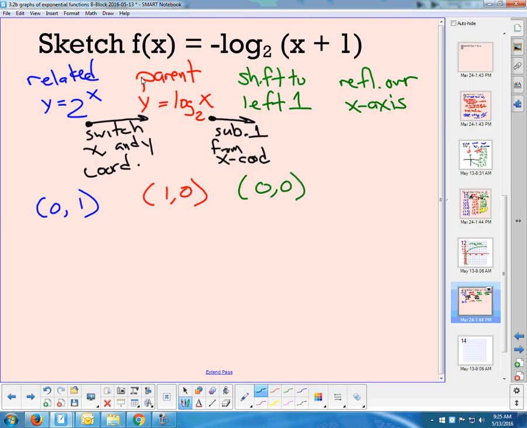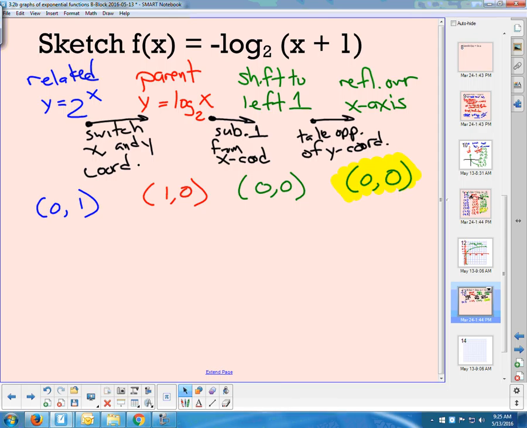Our last transformation, to reflect over the x-axis, I would need to take the opposite of the y-coordinate. And if I take the opposite of 0, which is the y-coordinate of 0, 0, I still remain at 0, 0. So the point 0, 0 ends up being the first point I would plot when I make my graph.